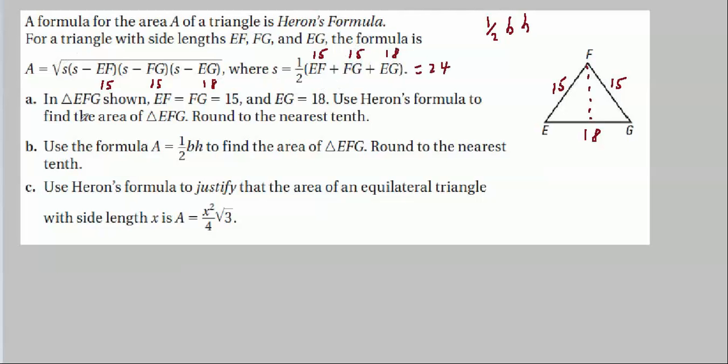Okay, there's our first S, 24. I'm not going to put the square root symbol in until we're all done. It makes me feel cramped. 24 minus EF. What's EF? It's 15.